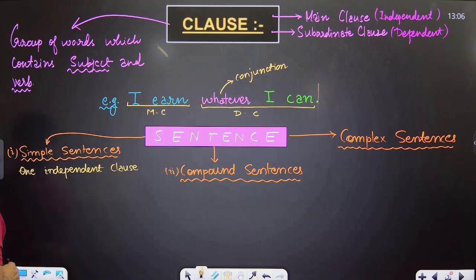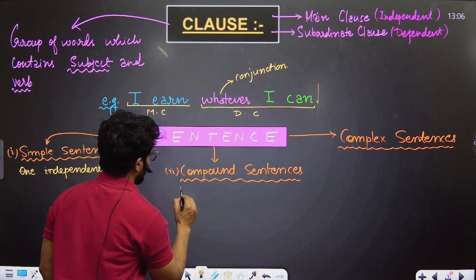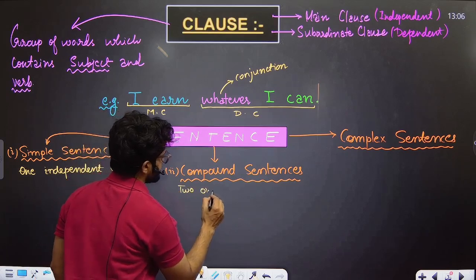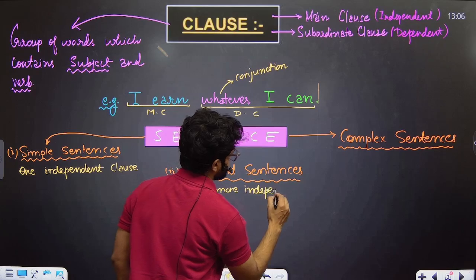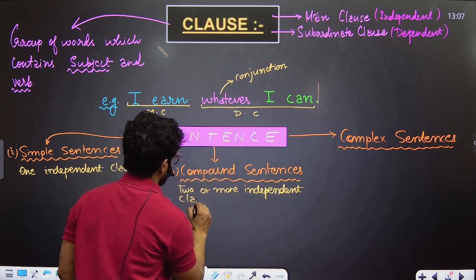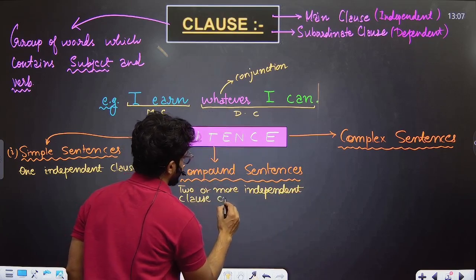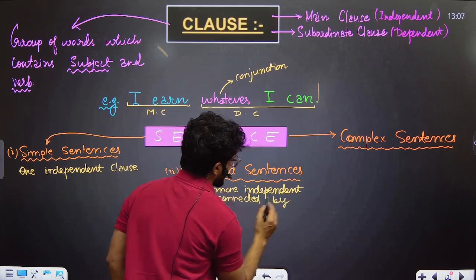Here you have one independent clause. Here you have two or more independent clauses connected by a coordinating conjunction.